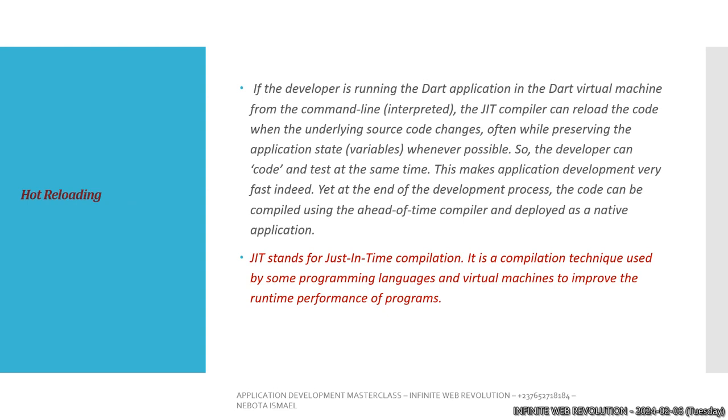Your SDK is going to convert your source code into an intermediate code. Now whenever you need to reload that particular code, it doesn't necessarily build the entire application, the entire source code. What happens?